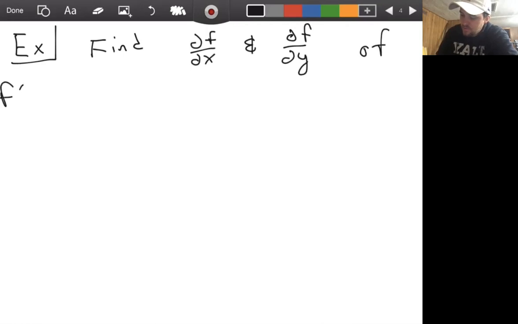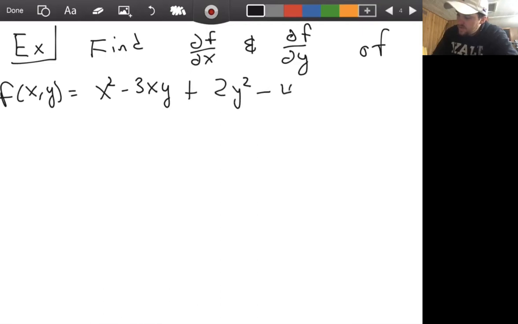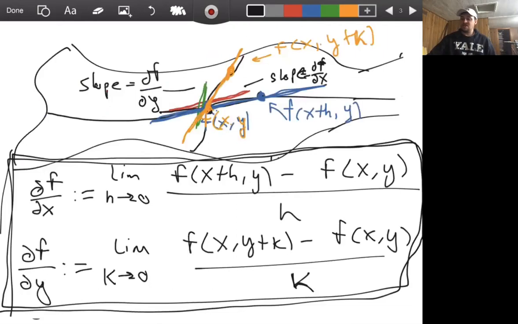Let f(x, y) be the function x squared minus 3xy plus 2y squared minus 4x plus 5y minus 12. Okay, and we want to find these partial derivatives. Well, right now our only definitions are to calculate these limits. So let's do that.